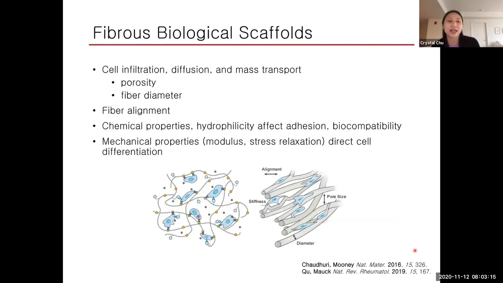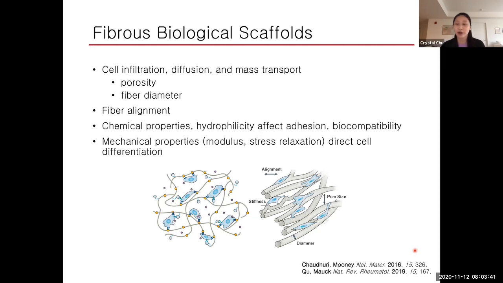In this area, there are different reasons why polymer fibers are really privileged in their use in biological scaffolds, and a variety of different properties that we want to develop and control for in designing such scaffolds. Some of the properties that are really important include the ability to promote things like cell infiltration, diffusion, and mass transport.